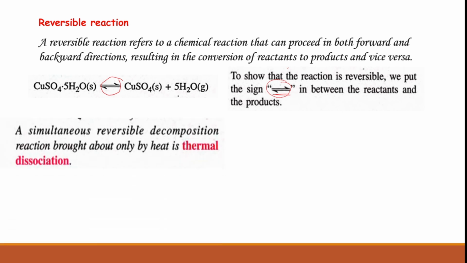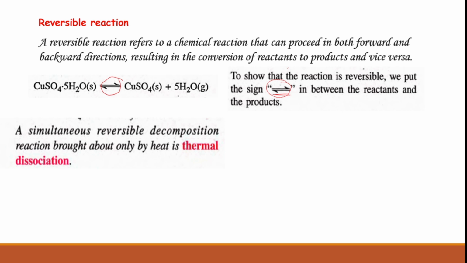Okay, one more type we have to study here. A simultaneous reversible decomposition reaction brought about only by heat is thermal dissociation. So a reversible decomposition reaction, not a normal reversible reaction, but a reversible decomposition reaction occurs by heat only.